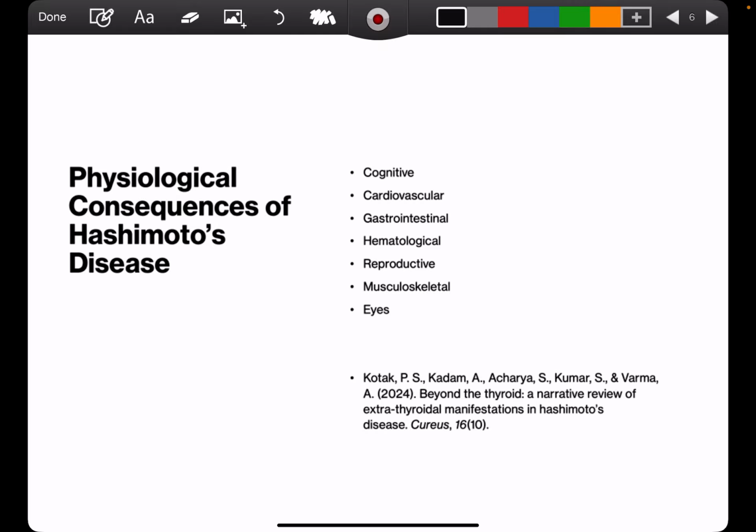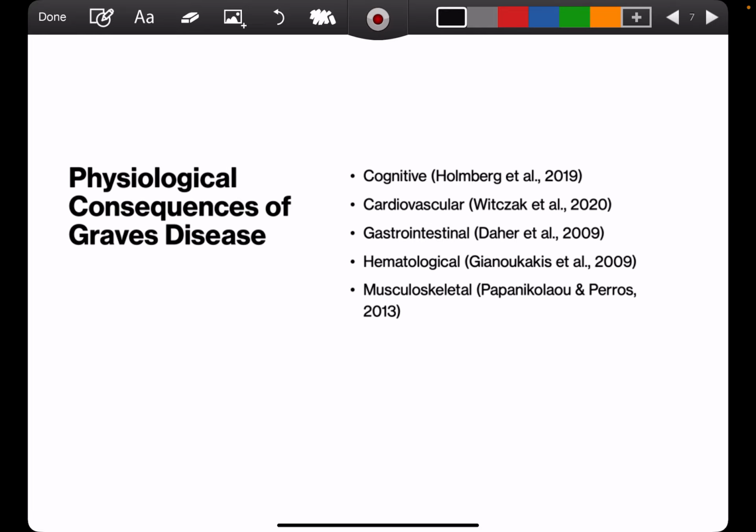In the eyes, ocular surface disease, with dry eye syndrome being the most common: itchy eyes, a feeling of dryness. So not an ideal disease, given its vast physiological effects on the body.